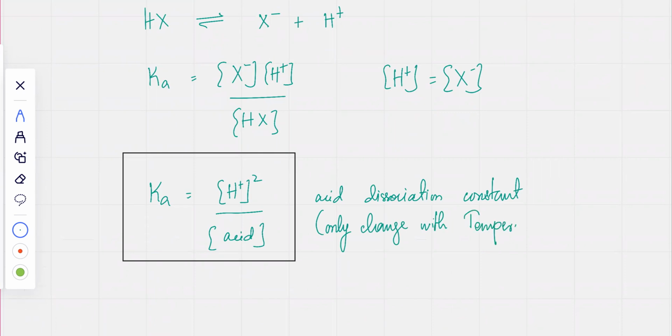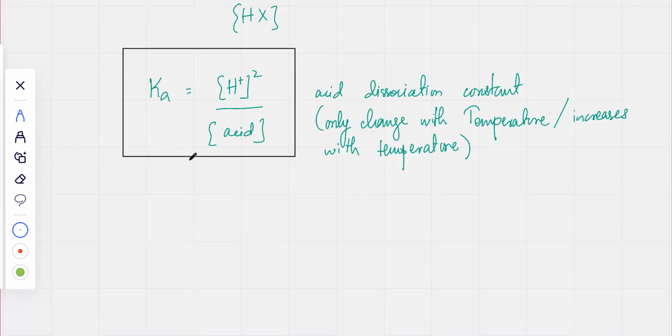And usually it increases with temperature. Acids are going to ionize more at a higher temperature because there's going to be more collisions. So it increases with temperature. So that's your Ka.